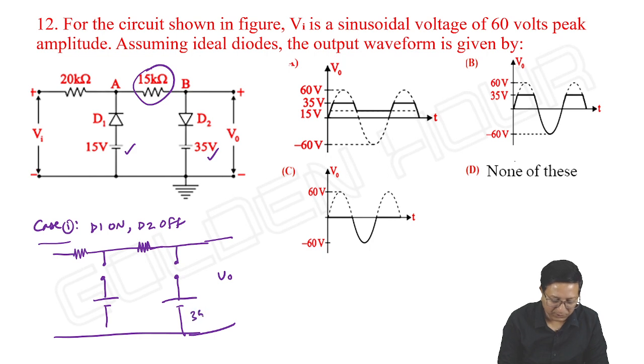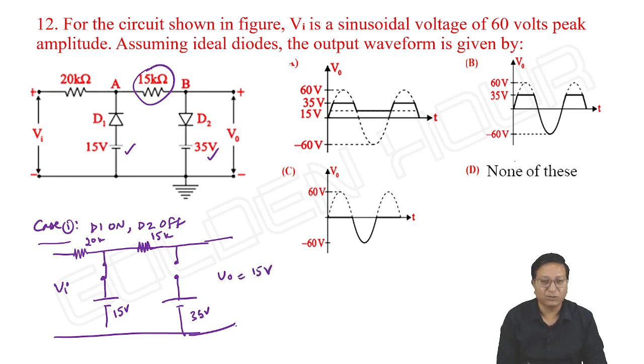Output 35 volts, 15 volts, 20K, 15K. Anyway, it is on, short circuit. Input and output. What is the output? 15 volts. That's a very simple thing. Even though we have this 15K, it doesn't play any role because entire current goes in this direction.